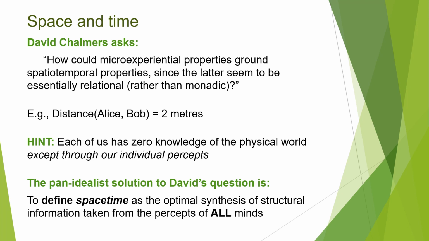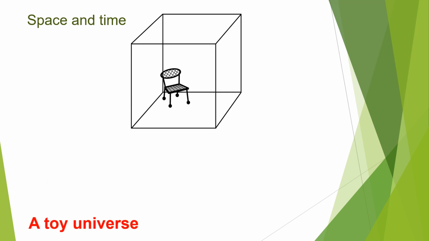The pan-idealist solution to this challenge is to define space-time as the optimal synthesis of structural information taken from the percepts of all minds. Of course, we don't have access to the percepts of all minds, but this doesn't invalidate the definition. We modestly accept that we aren't omniscient.